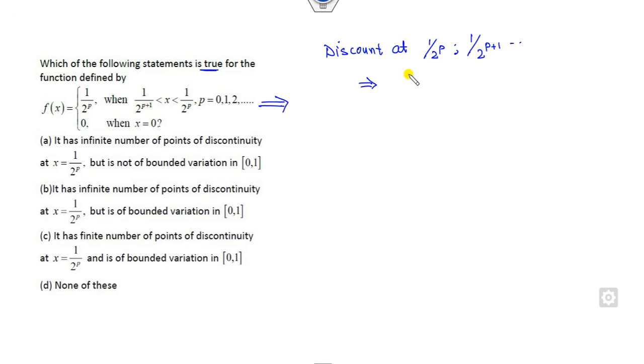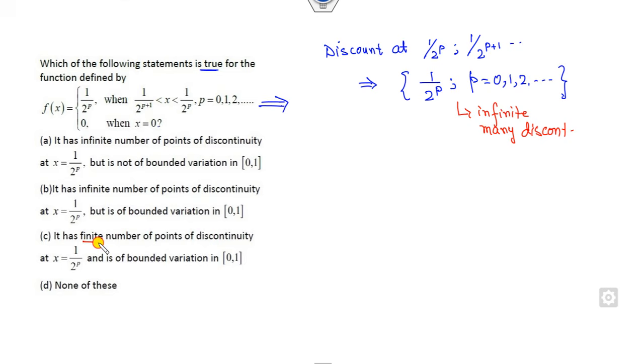So you can say the set of discontinuities is 1 over 2 raised to power p, where p is 0, 1, 2 and so on. Then clearly it has infinitely many discontinuities. But it cannot be a finite number of points of discontinuity, so this is cancelled out. It has an infinite number of discontinuities, fine.